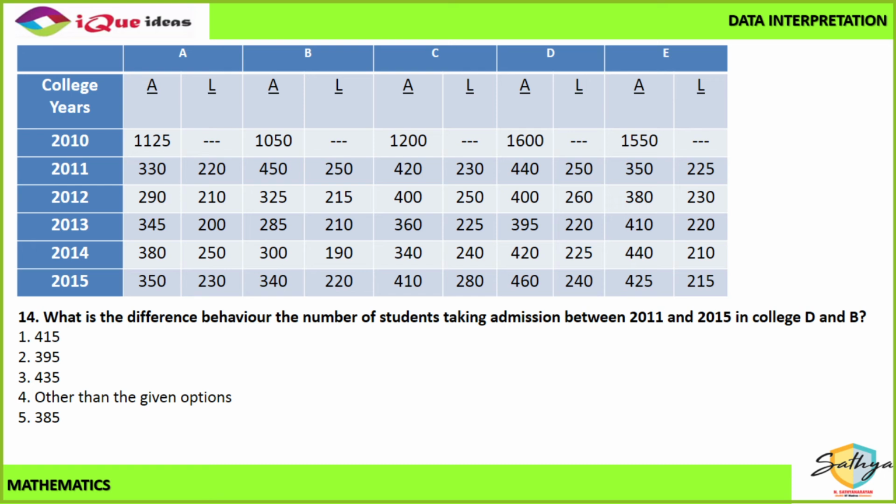Number of students taking admission between D and B between 2011 and 15. So this portion and this portion, they just needed to be added.